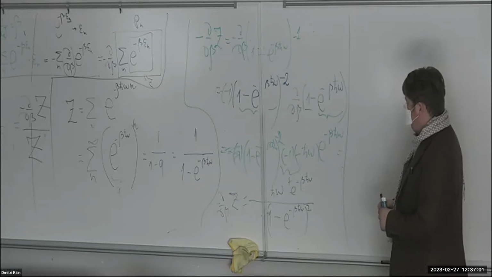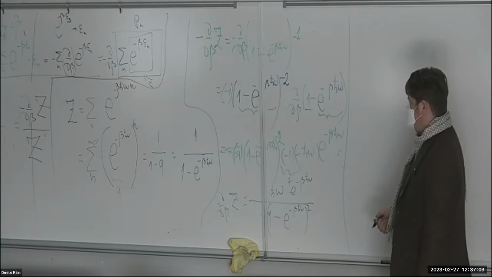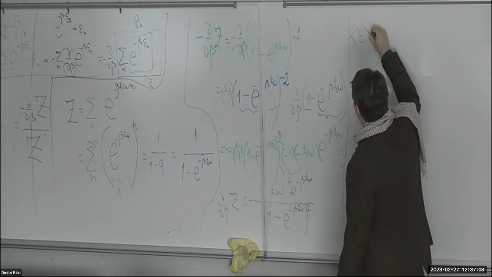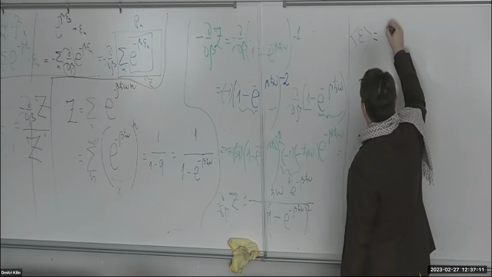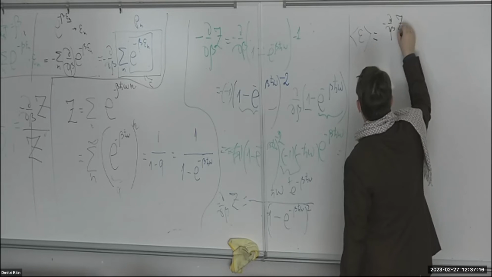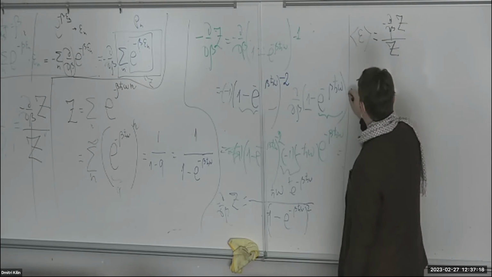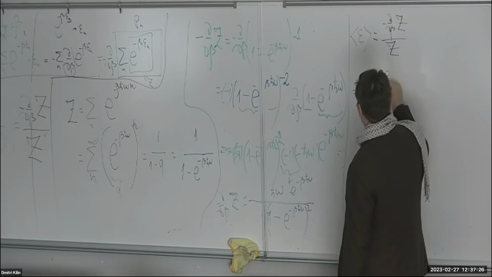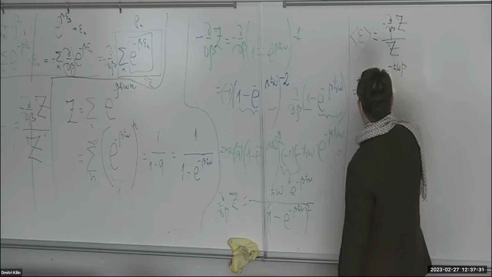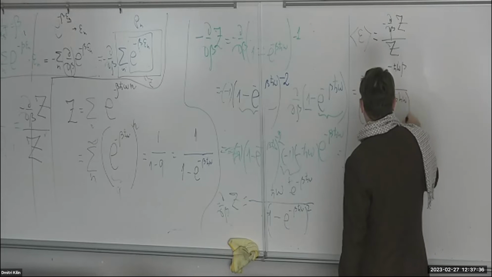And now we just need to divide numerator by denominator. So average energy of oscillator is minus d beta Z divided by Z. First we do the numerator, which is h bar omega e to the minus beta h bar omega divided by 1 minus e to the minus beta h bar omega squared.